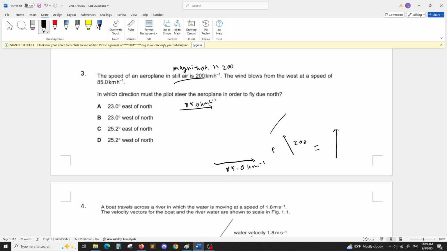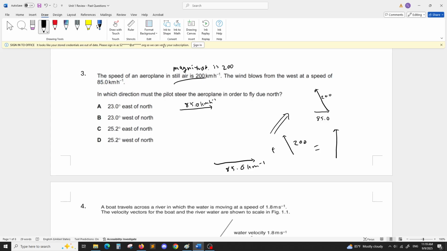So if we draw this diagram, we can just say that our thing here is 85, and then our airplane is actually moving this way, so that it neglects the western change. And then this is the diagram that we should draw, basically. And then now we need to calculate the direction.